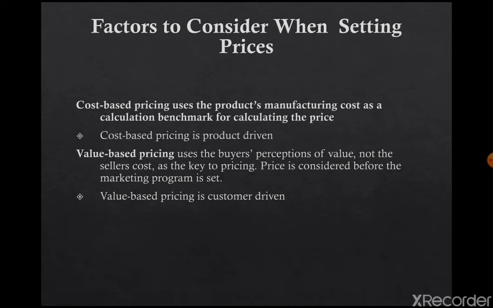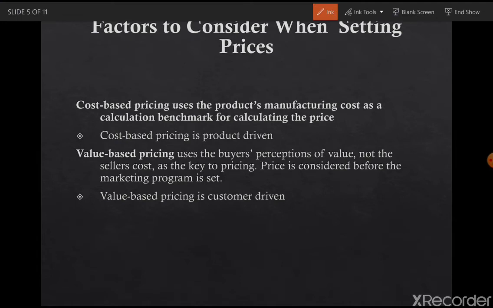But when you talk about the value-based pricing, and by the way, we're going to calculate this cost-based pricing ahead. So to simplify, if it is 100 rupees cost on one unit, and you add 20% as a markup, that markup is your profit.